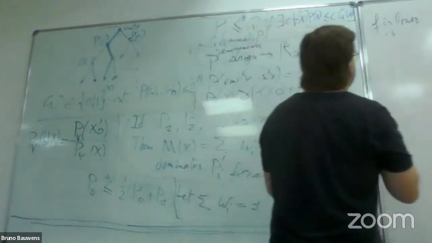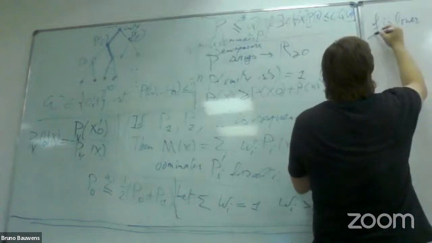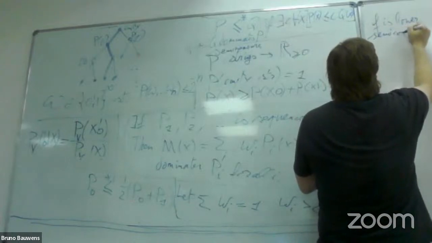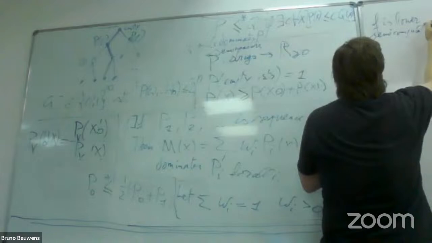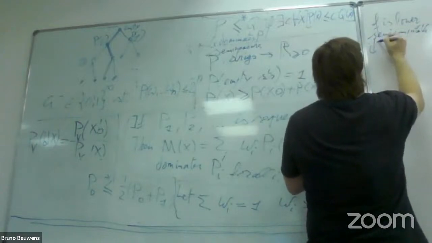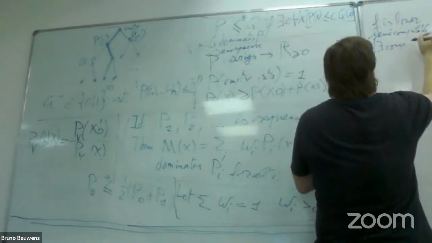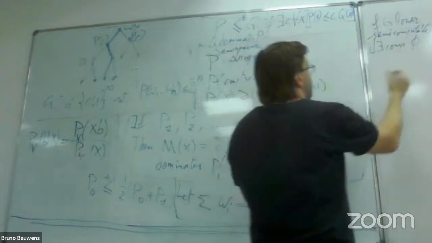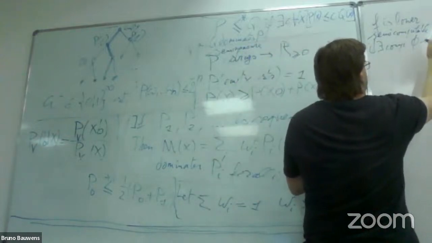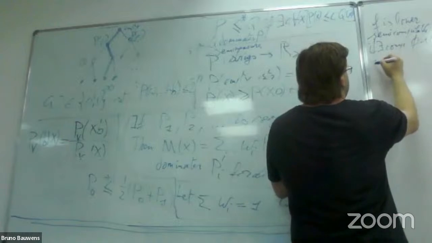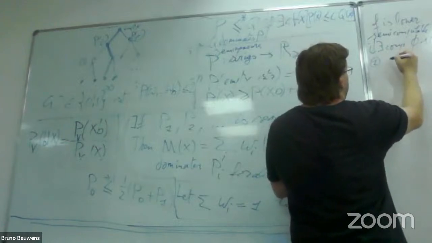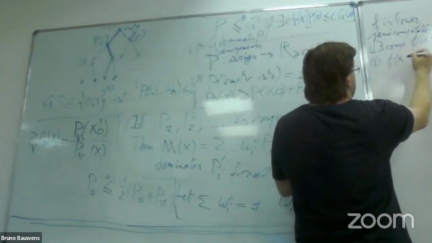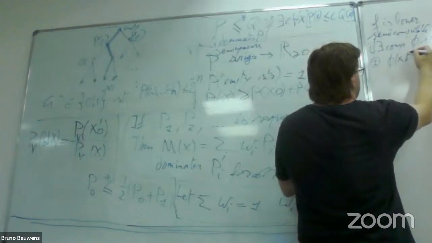So f is lower semi-computable if there exists a computable phi such that two conditions hold. One is that phi is increasing in the second argument.